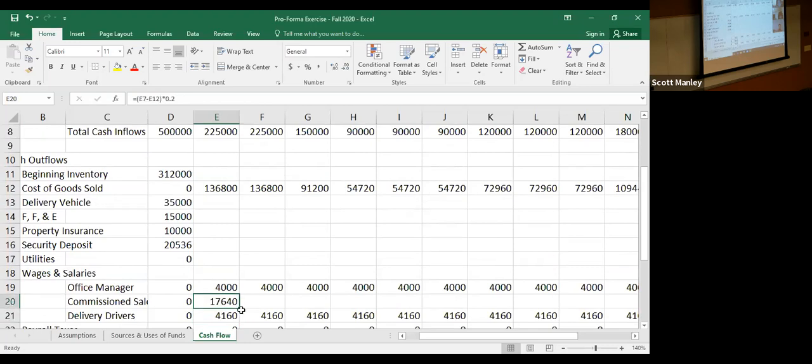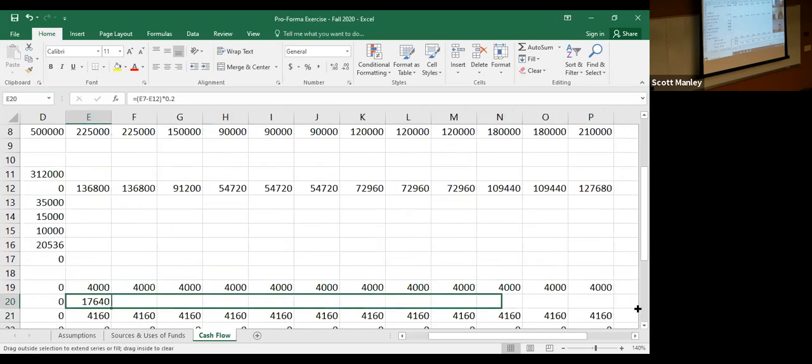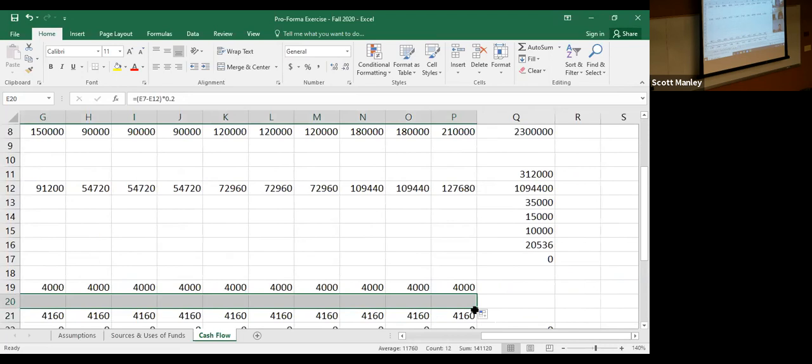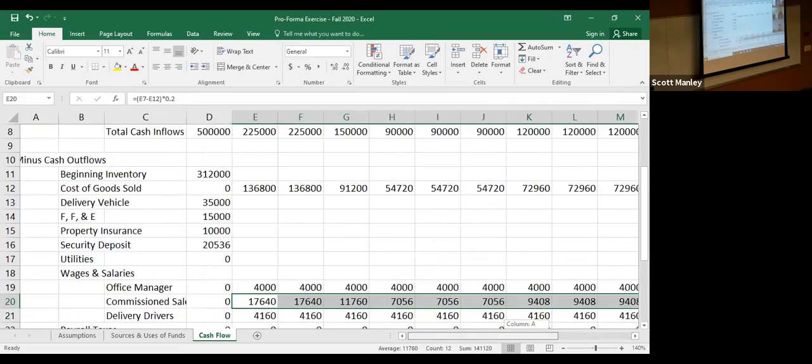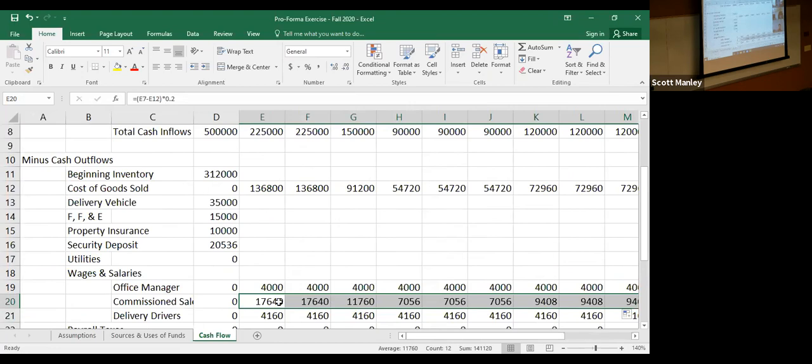Okay? So my commission salespeople make 20% of my gross profit. And that varies from when I start, 17,640. They think that they've tripped and fell into a gold mine.